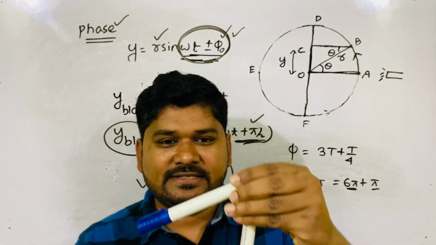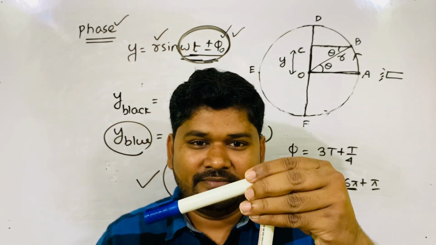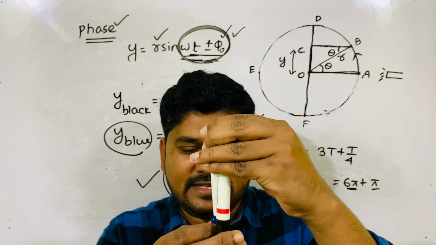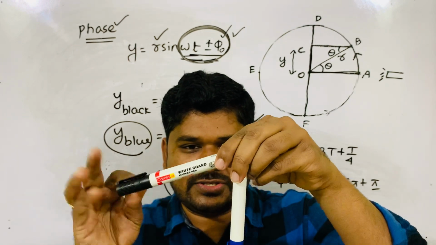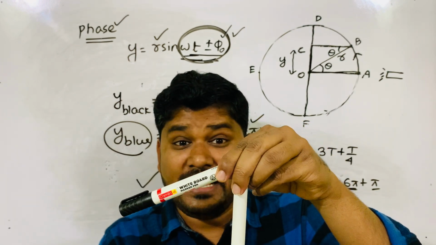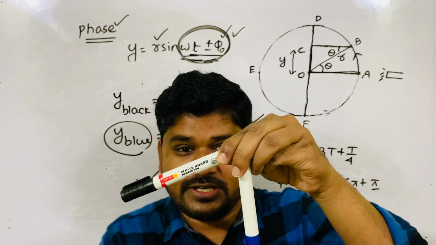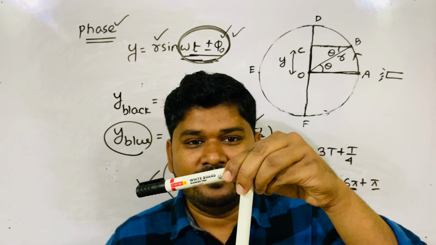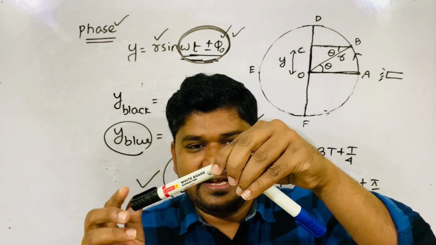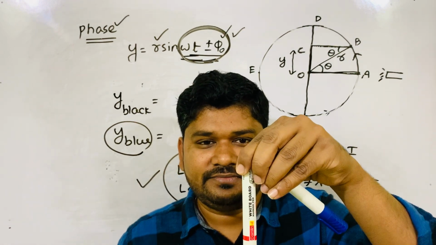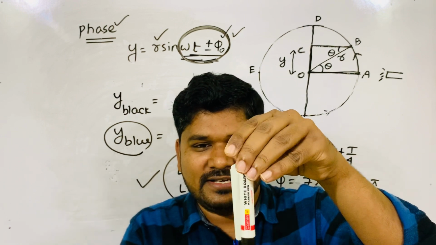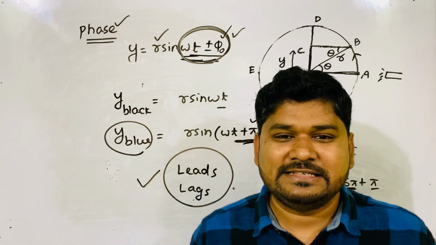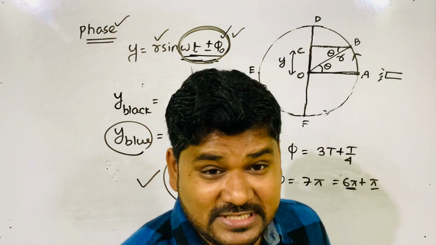This leads, this lags, and it goes forward. After some time, when one comes to pi phase, the other will go to pi by 2. When it goes to 3 pi by 2 phase, the other comes to pi phase. When it comes to 2 pi phase, the other goes to 3 pi by 2 phase. So a phase difference is always maintained constant here.